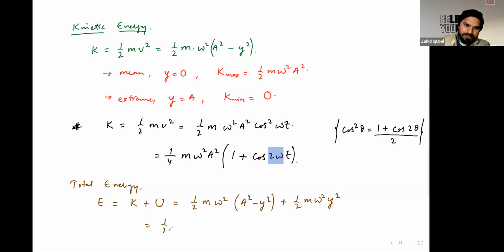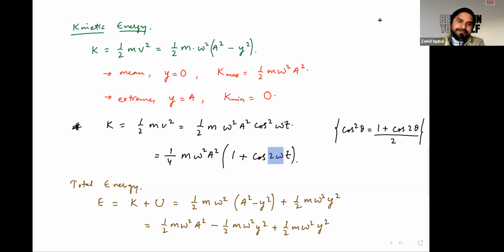Just expand this expression, you will get half m omega squared a squared minus half m omega squared y squared plus half m omega squared y squared.